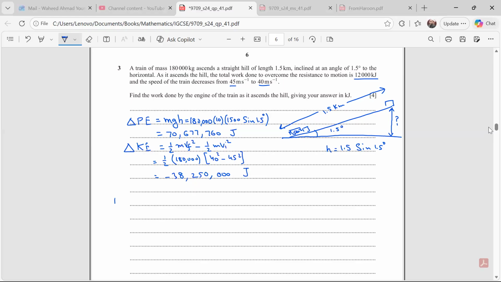Now we are going to find the work done by the engine, right? Work done by the engine is how much energy we have gained.